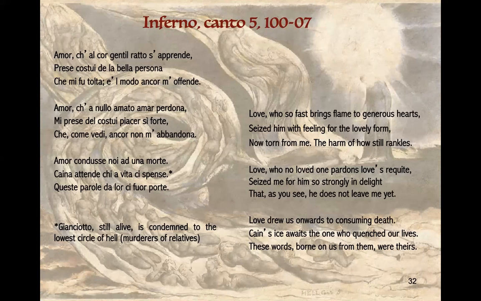And so Francesca answers, as you can see, with three terzine, so nine lines. As we mentioned last time, nine is a very important number for Dante. And you can see that each one of these three terzine begins with the word amor.